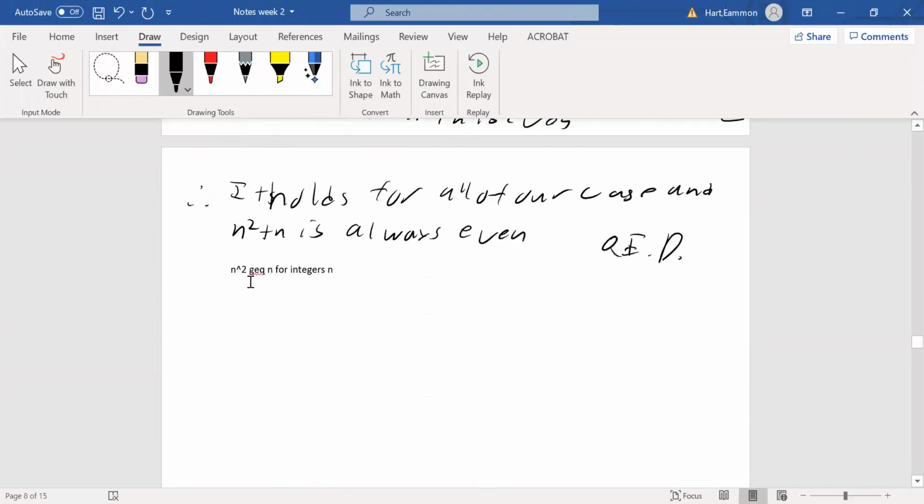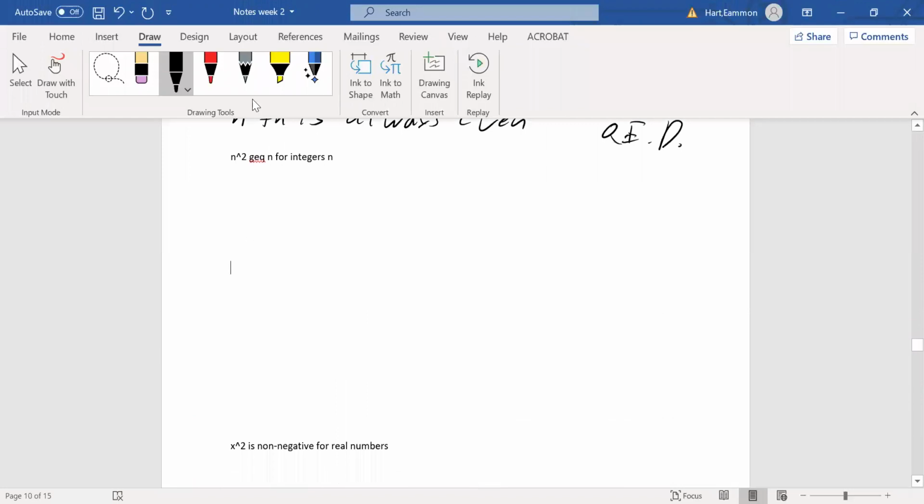That is a very common breakup, but it's not by any means the only one that you will have to use. So now we're trying to show that if n is an integer, then n squared is greater than or equal to n. That's what we wish to show.